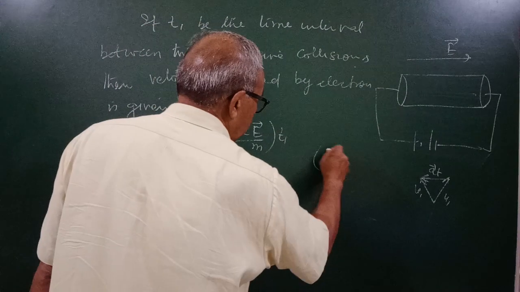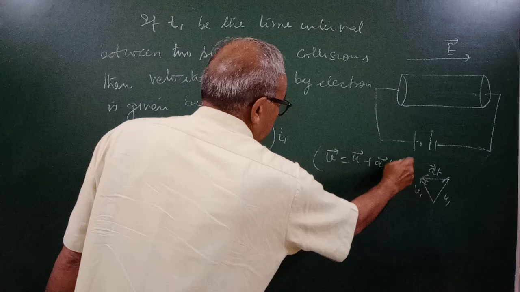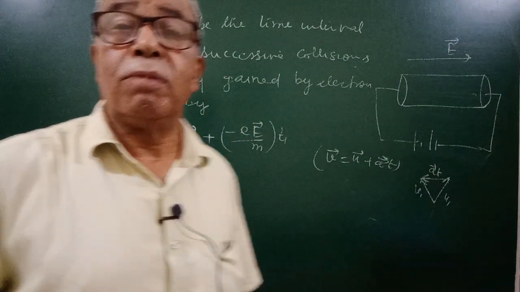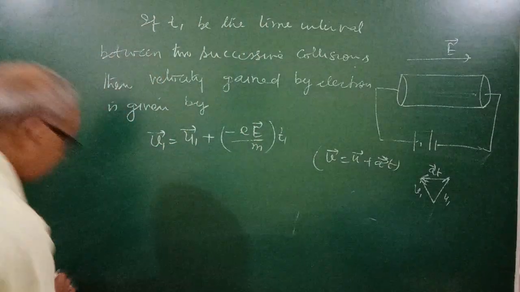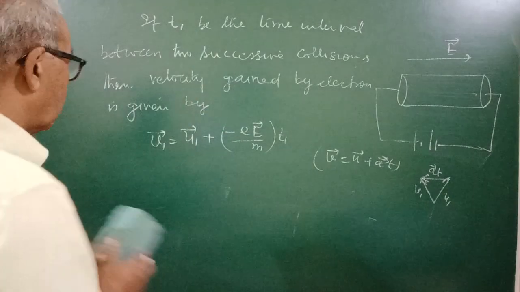Here we have v equal to u plus at. In class 11 we have learnt the equation of uniformly accelerated motion. Similarly, for other electrons, there are a big number of electrons.